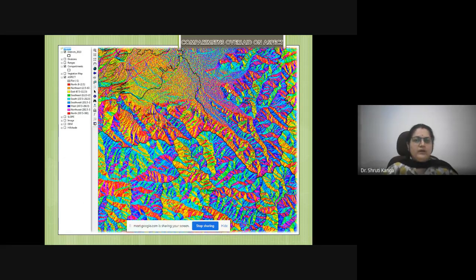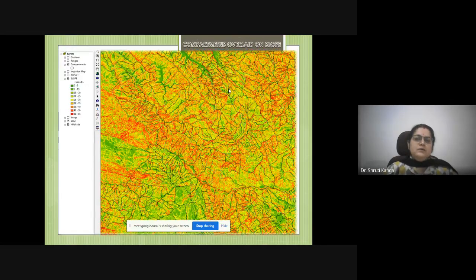So these kinds of analysis we can do based on this. Then slope also: on higher slopes there will be a challenge to get in, because due to high slopes there may be chances of inaccessibility.